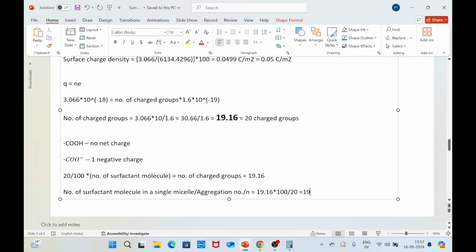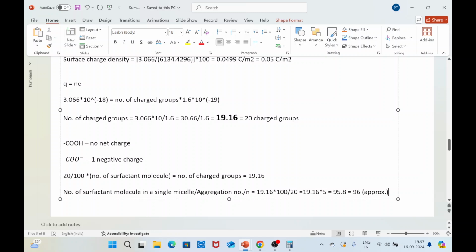So that is 19.16 times 5, which is 95.8. Yeah. So approximately you can say the aggregation number is 96.